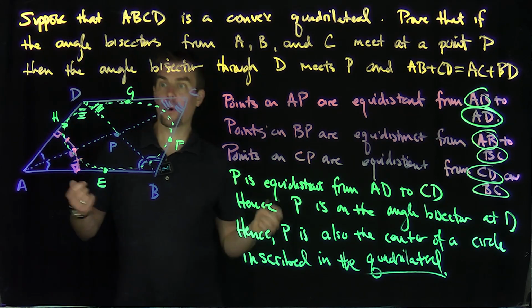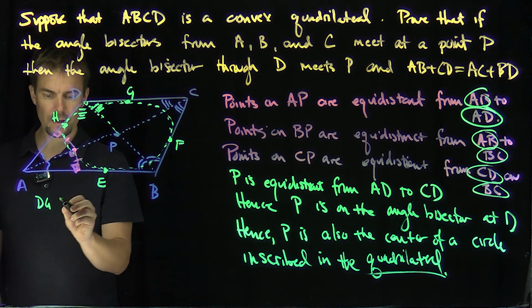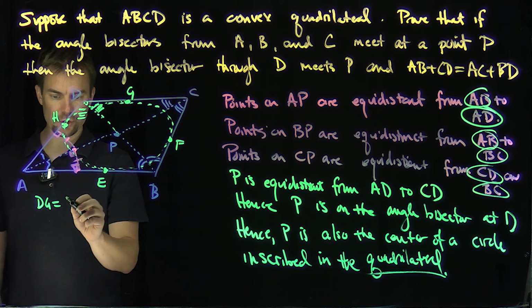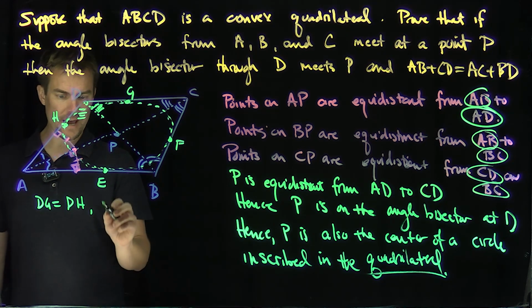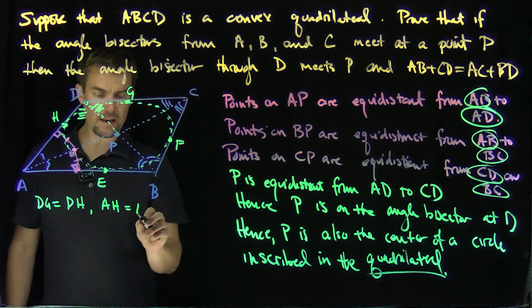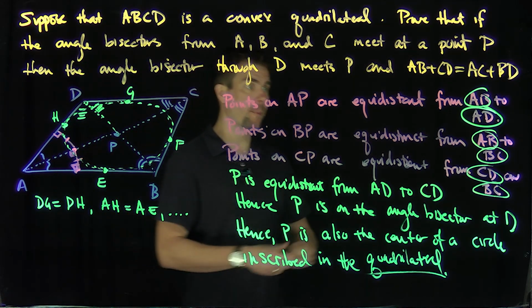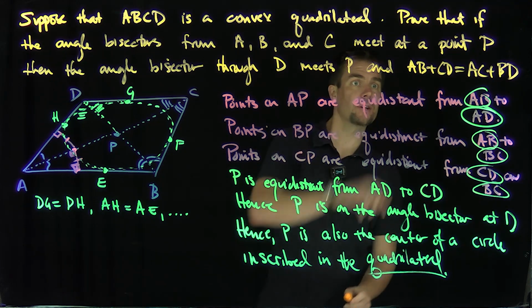Okay? Now, what do I know? I know that DG is equal to DH by tangency. I know that AH is equal to AE, etc., right? I get all those tangency requirements. So now let's go back to our problem statement. I have to prove that AB plus CD.